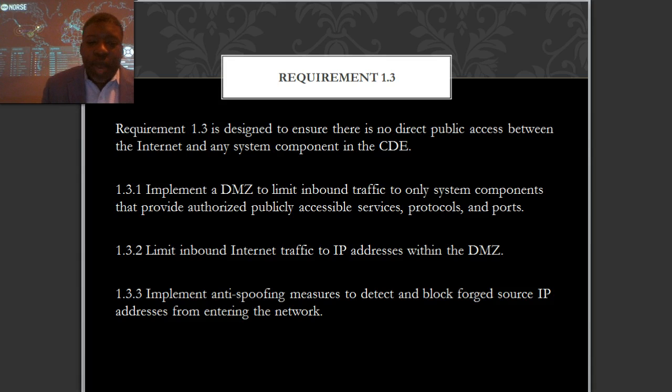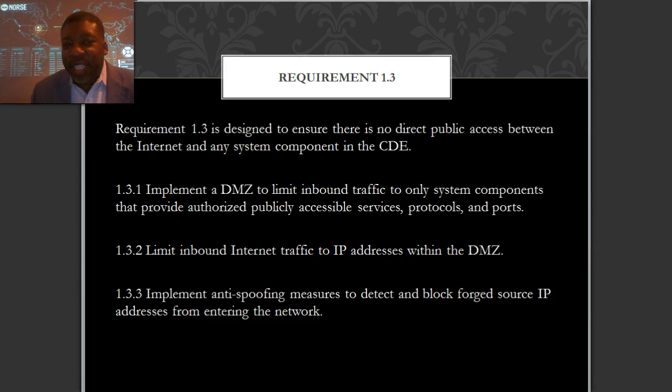1.3.3. While there may be legitimate reasons for untrusted connections to be permitted to the DMZ systems, to allow public access to a web server or something of that nature, these connections should never be granted to systems in the internal network. A firewall's intent is to manage and control all connections between public systems and internal systems, especially those that store, process, or transmit cardholder data.